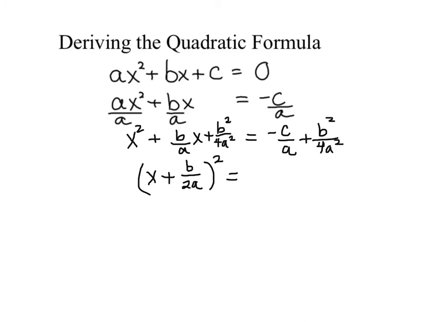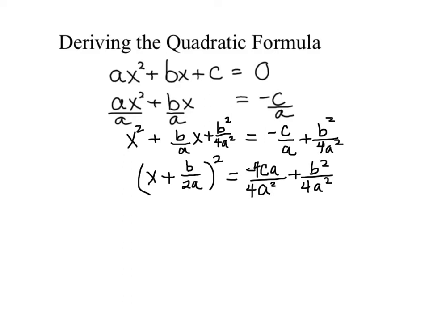So that's going to be all of this. If I get a common denominator, I have negative c times 4a over a squared and b squared over 4a squared, and then subtract. Okay, so I've got all of this.